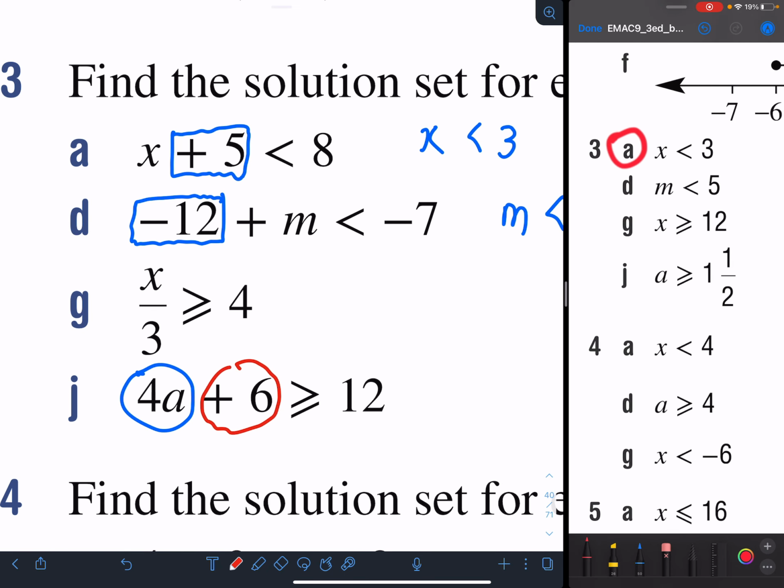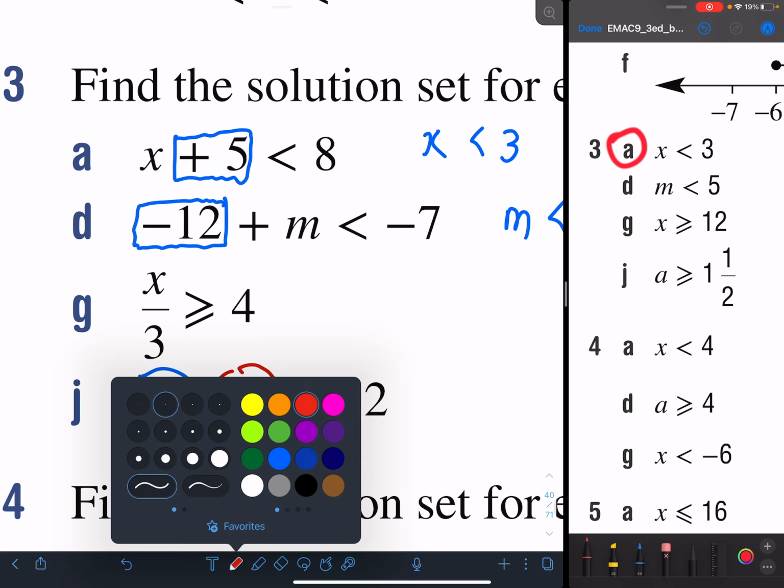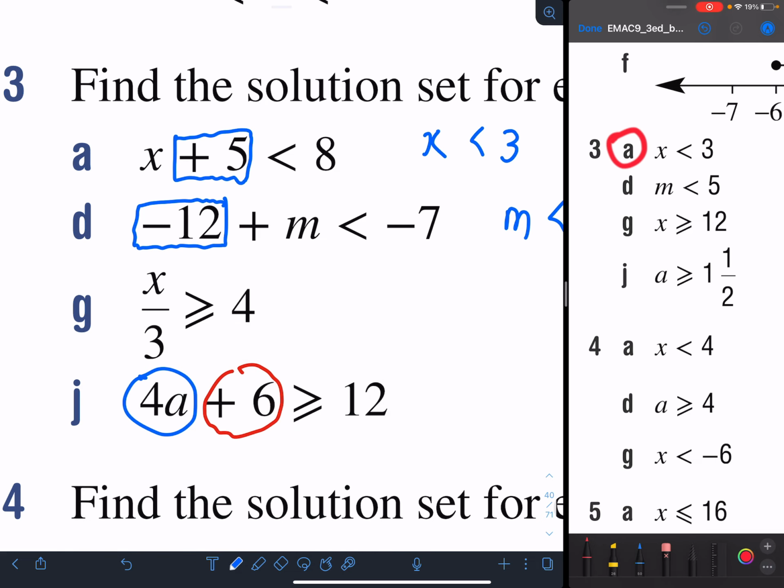With G, we've got x divided by 3 is greater than or equal to 4. If something's divided by 3, what's the opposite of a divide? It's a times.